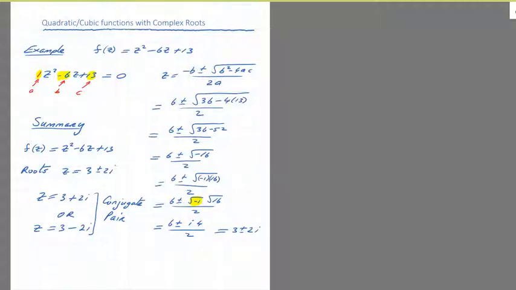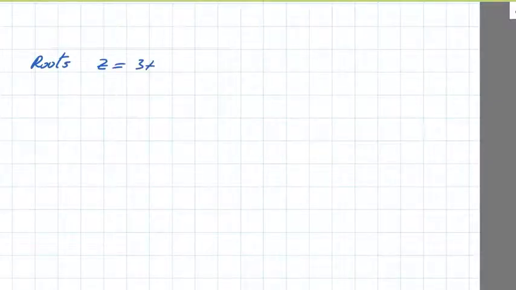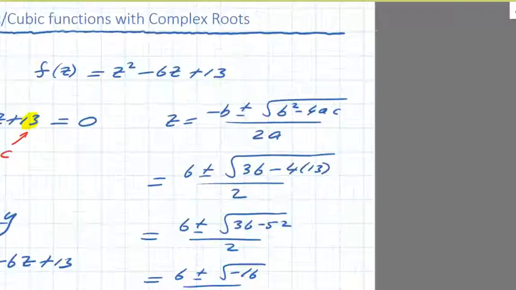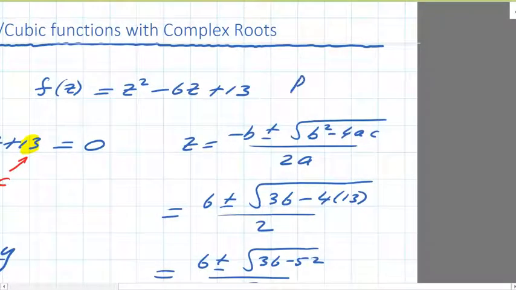So if I say the roots are z is equal to 3 plus 2i or 3 minus 2i, we need to go backwards now and get the actual polynomial, which is what this is called, by the way. That's a quadratic polynomial, what we started off with.